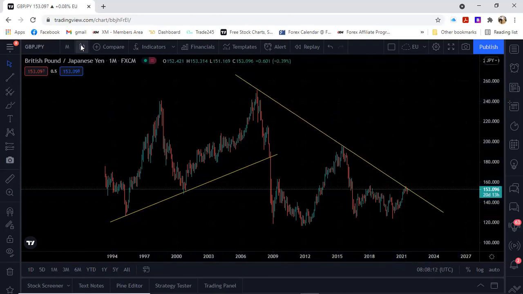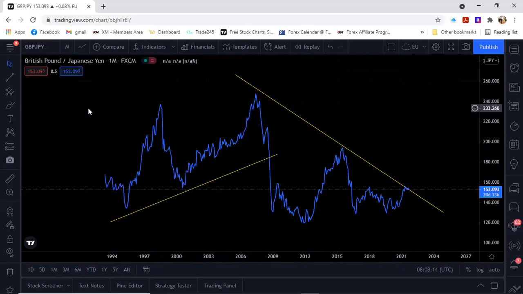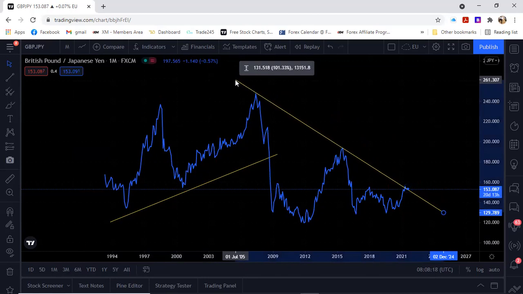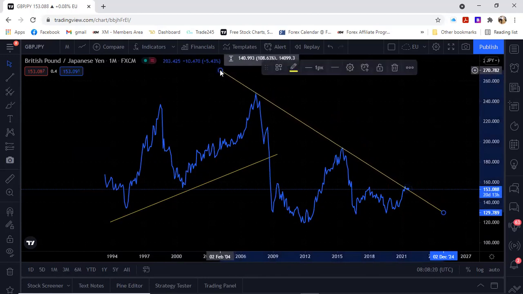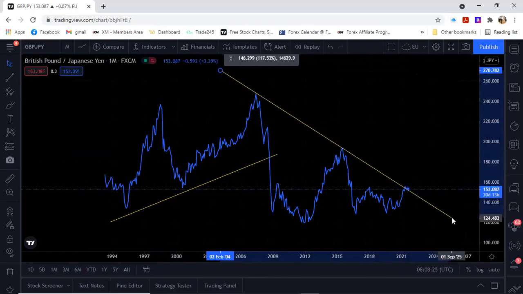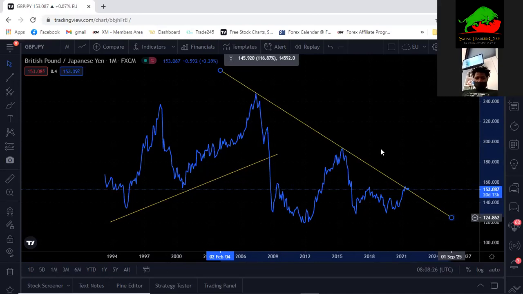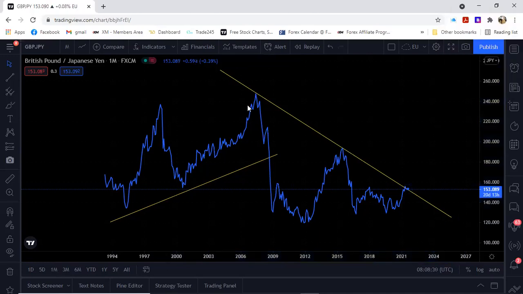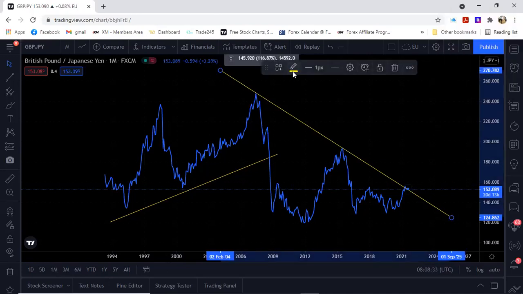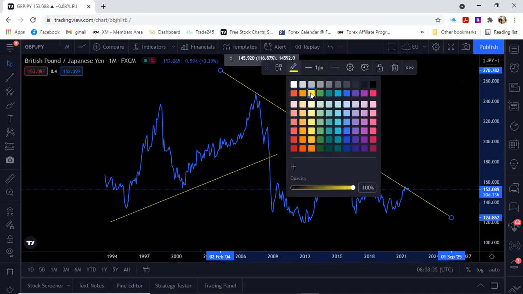For us to get very good points, we use the line graph to draw a trend line. So how do we draw a trend line? We join the first 2 points. These are my first 2 points there, and then the rest is an array. Let's change the color, but yellow is fine.